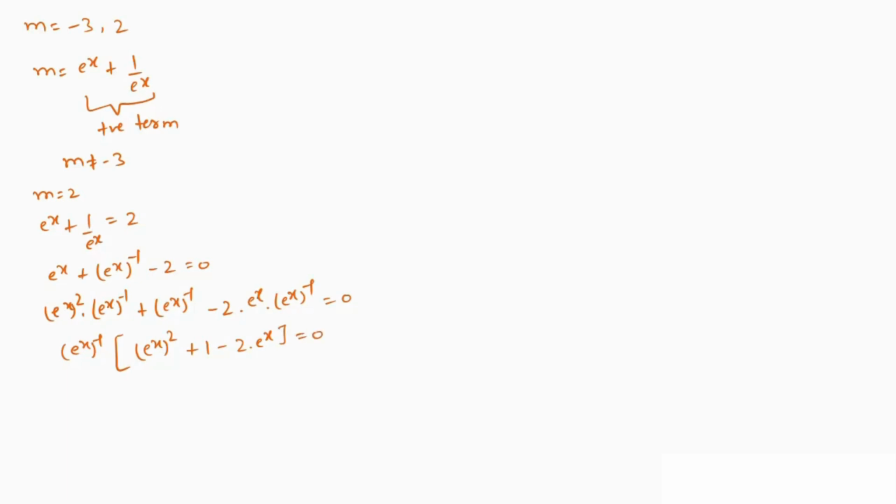equals 0. If you look at this term carefully, this is a square plus b square minus 2ab, which is equal to (a minus b) whole squared. So the above equation can be written as (e raised to the power x minus 1) whole squared equals 0.